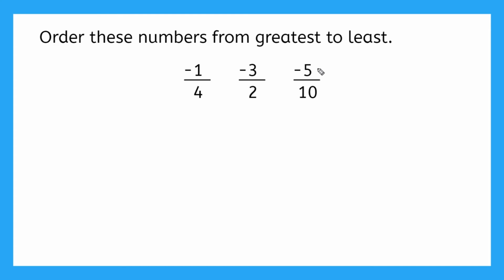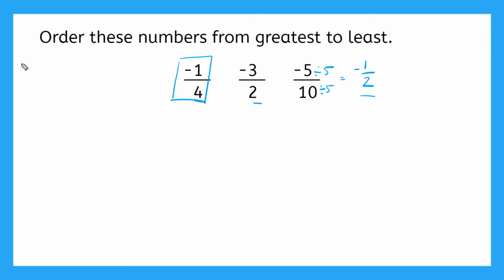Yeah, we can reduce this one by dividing the top and the bottom both by 5, and this will give us negative 1/2. So now that these are all simplified, can you think of a common denominator if we have 4, 2, and 2? Well, since negative 1/4 is already as simplified as it can be, we need to turn our negative 3/2 and our negative 1/2 into fractions with 4 in the denominator.